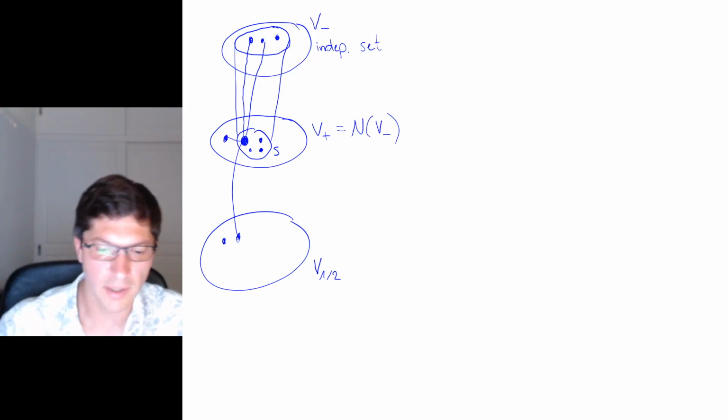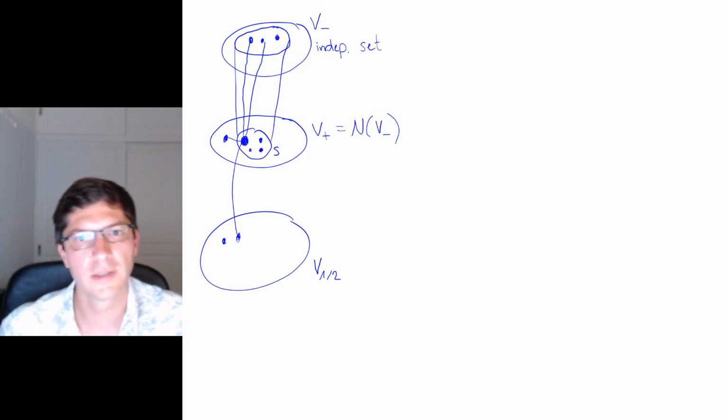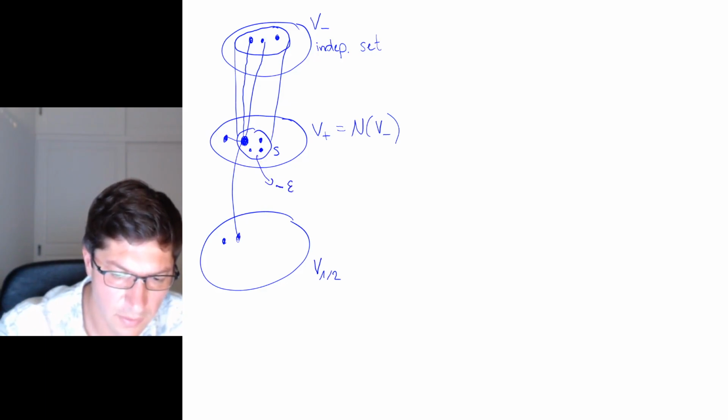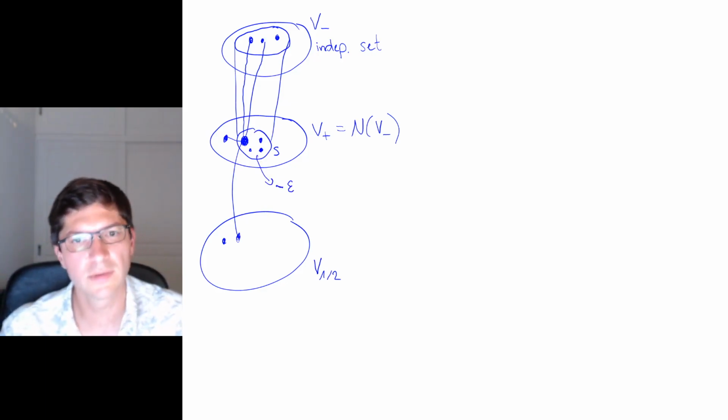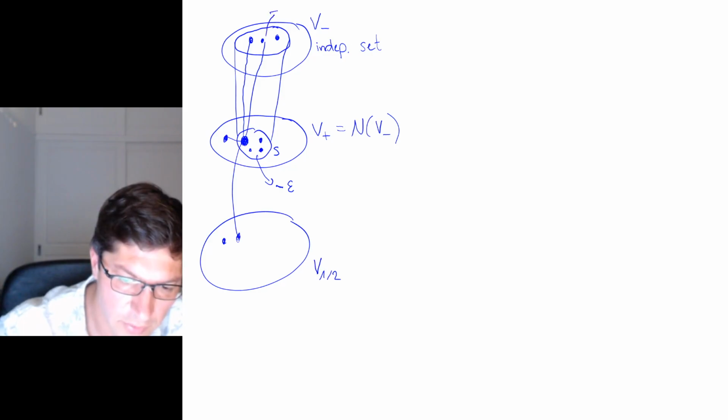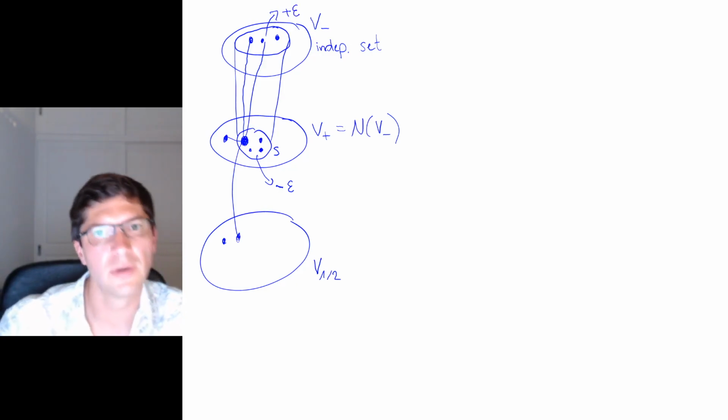But now, if S is larger than its neighborhood in V minus, we could decrease each of the values of S by some small value epsilon, and for all of those in V minus that are neighbors of S, we add the same value epsilon to all of them.